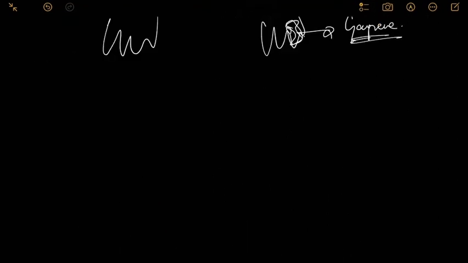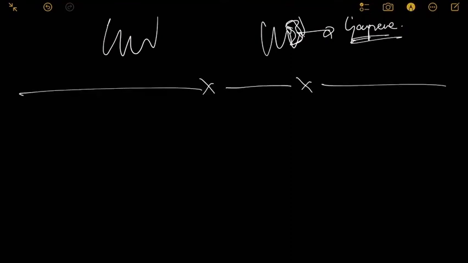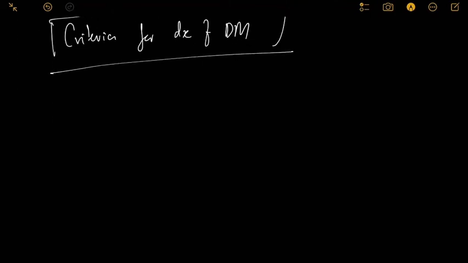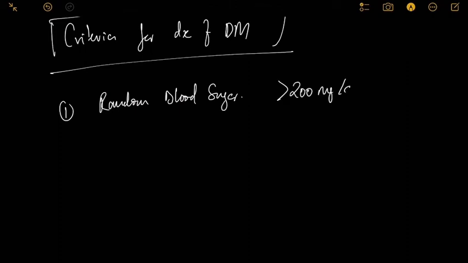Now that we're done with the complications, let's come to the diagnosis of your DM. So what is the criteria for your diagnosis of diabetes mellitus? First, the random blood sugar should be more than 200 mg per deciliter along with the symptoms.